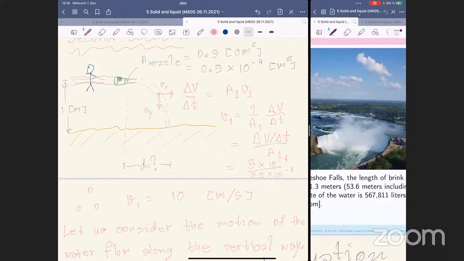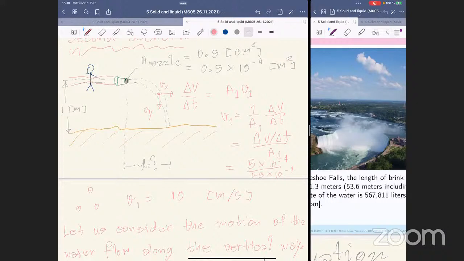There is no force acting on the water drop in the horizontal way at all. There is only a force acting in the vertical way, which is the gravitational force caused by the Earth, our planet.